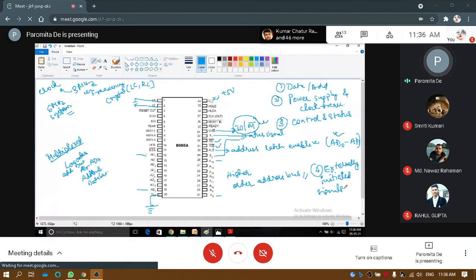So you see here, trap, RST 7.5, RST 6.5, RST 5.5, then hold, ready. These are all externally initiated signals.